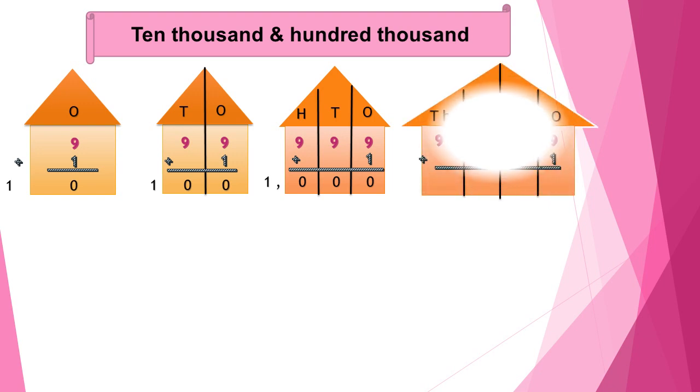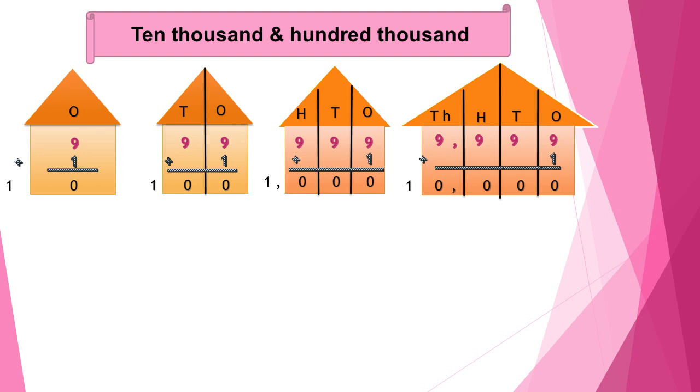This home will have 4 places: ones, tens, hundreds, thousands. The greatest number I can put inside it is 9,999. If we add 1, it becomes 10,000.